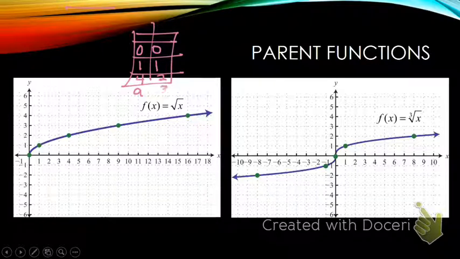All right, I'm running out of room, so I'm going to stop writing. But let's check. Is this 0, 0? Yes. Is this 1, 1? Absolutely. Is this 4, 2? Yes. Is this 9, 3? And then finally, is this 16, 4? Yes. All of those relate to this parent table.